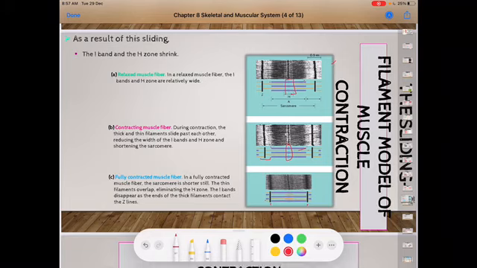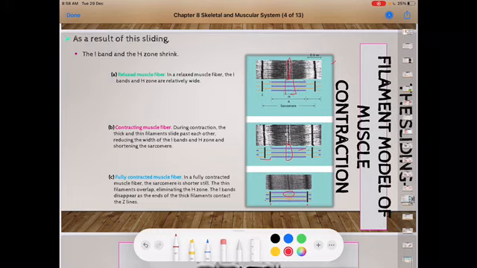The thin filament, the yellow part, overlaps, which eliminates the H zone. There is no more H zone. Remember the H zone which is located at the center of the sarcomere. So this is the H zone.